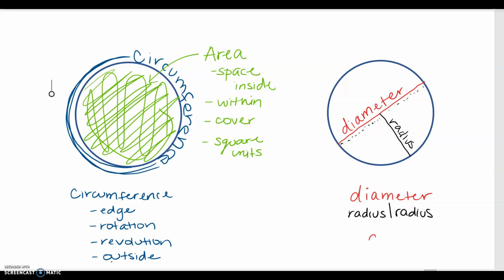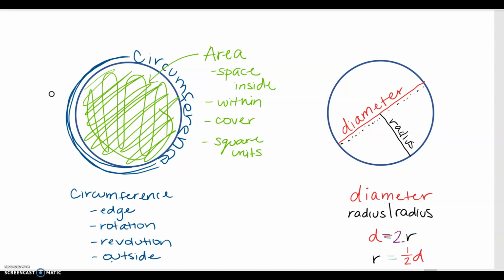So my diameter is equal to 2 times my radius, or my radius is equal to my diameter divided by 2, or half my diameter.